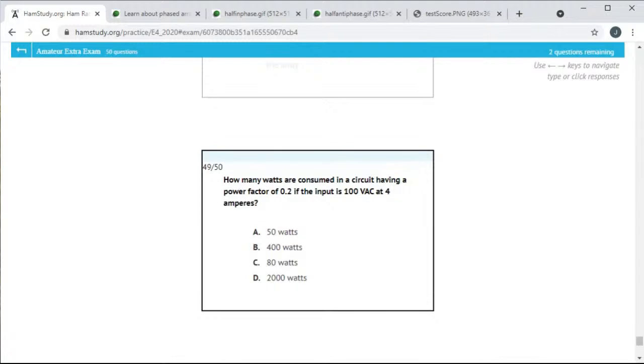How many watts are consumed in a circuit having a power factor of 0.2 if the input is 100 volts and the amps is 4 amps?